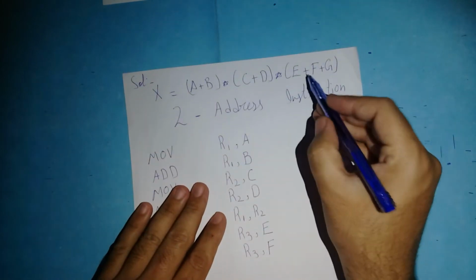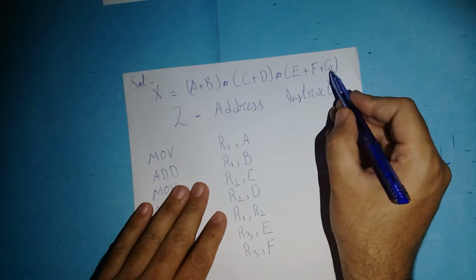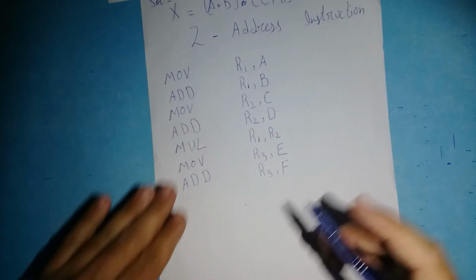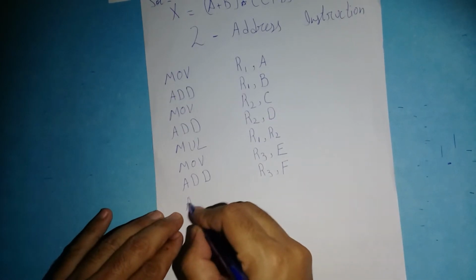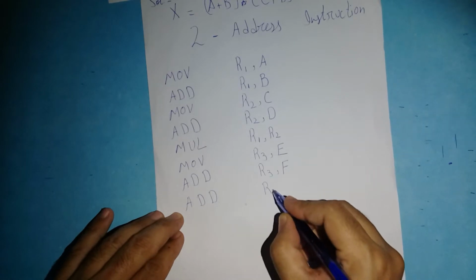Now E plus F is also going to be added with variable G. So again I write down the operation ADD, and first of all I write R3 over here. Why?